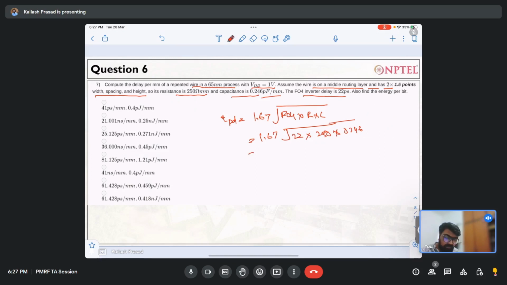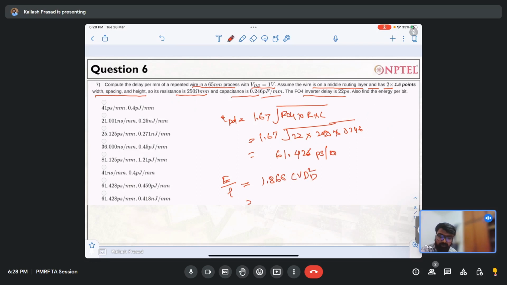So the final answer will be 61.42 picosecond per millimeter. So this is the propagation delay you get. Then you have to calculate the energy and divide it by L. When you calculate the energy divided by L, this equation will come as 1.866 C VDD square.